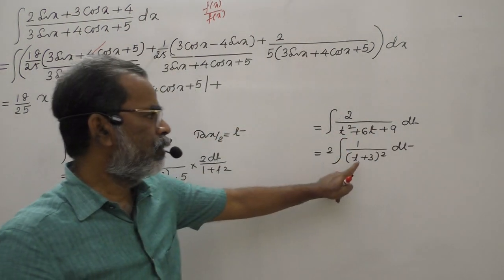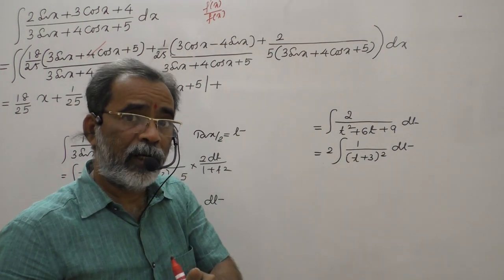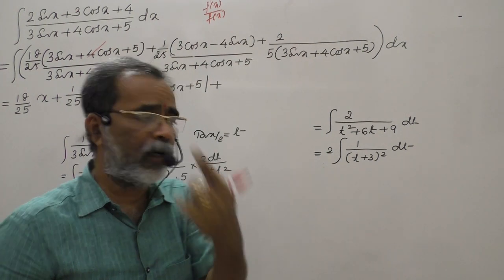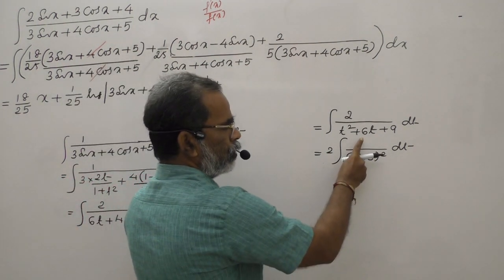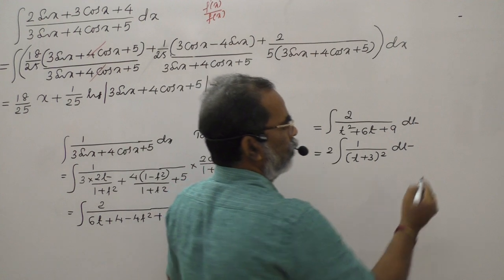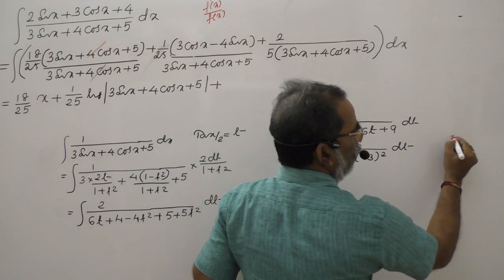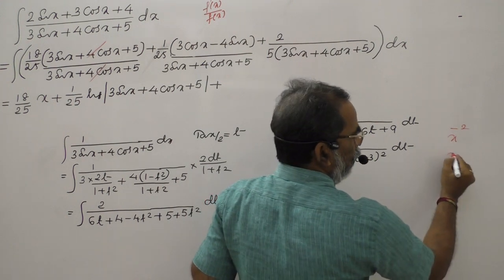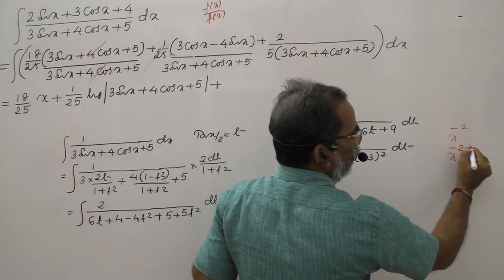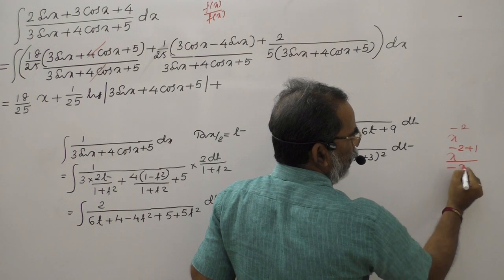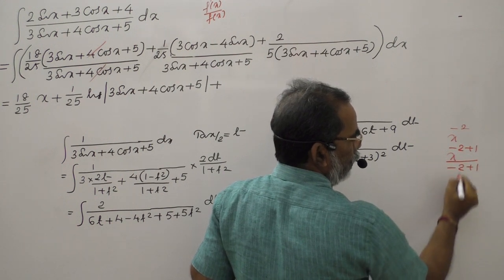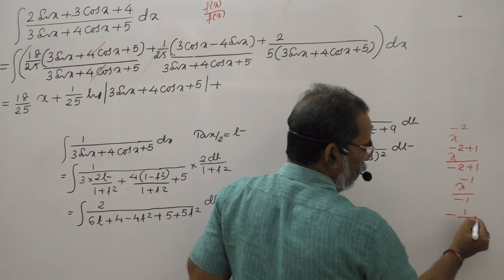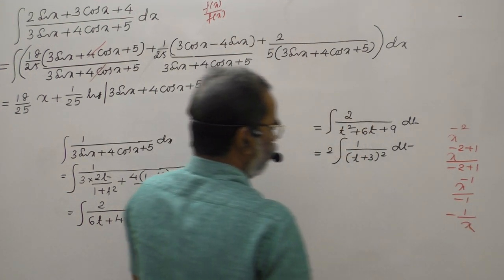What is this? t plus 3 is linear. For linear, any standard integrand can be applied. I can suppose this is 1 by x square, which means x power minus 2. What will be its integral? x power n plus 1 by n plus 1 plus c, that is x power minus 1 by minus 1, nothing but minus 1 by x.